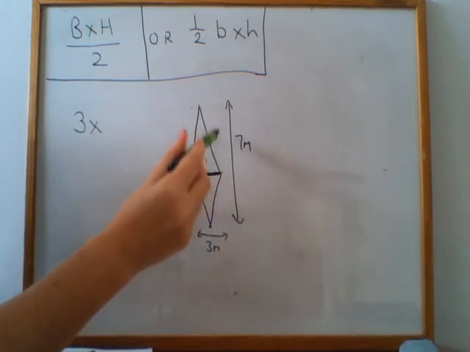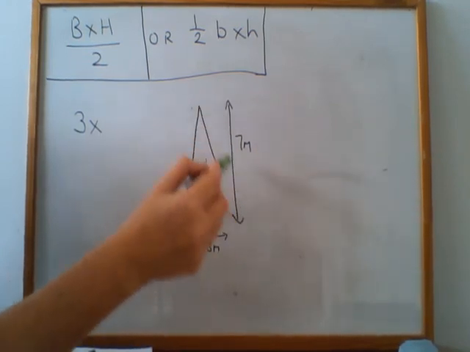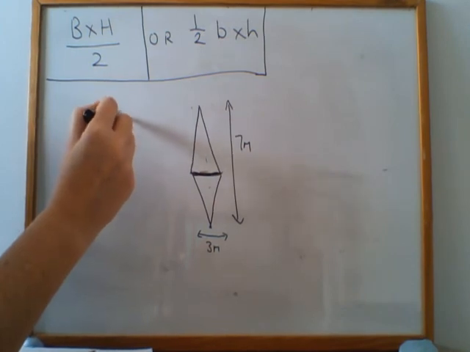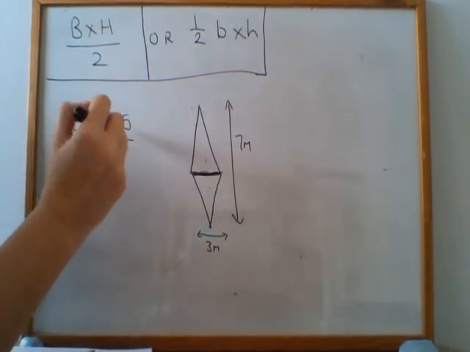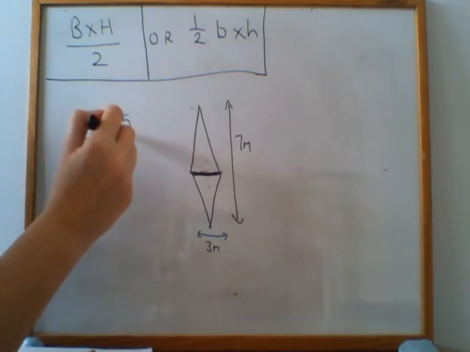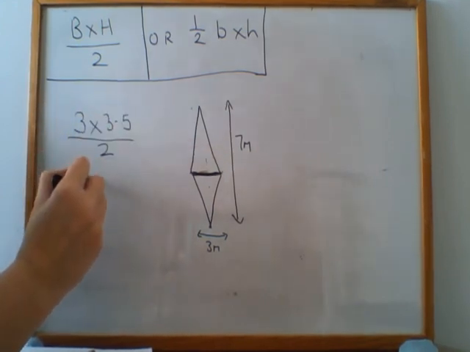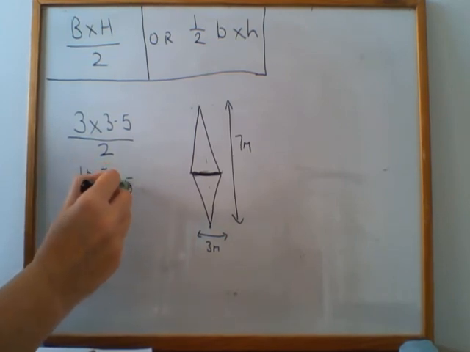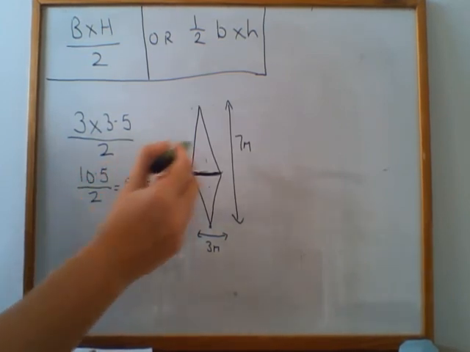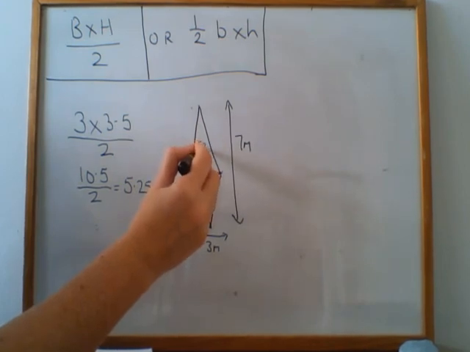So the height of my top triangle is going to be half of the whole thing. So it's going to be 3 times 3.5 and then divided by 2. So 3 times 3 is 9, half of 3 is 1.5. So that's going to be 10.5 divided by 2, which is 5.25. So the area of my top triangle is 5.25 centimetres squared.